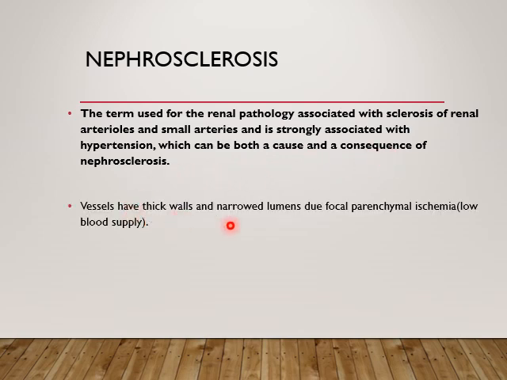So as I've already explained, the reduction in the blood supply causes ischemia, which affects the blood vessel walls. As we know, blood vessels have tunica intima, media and adventitia.